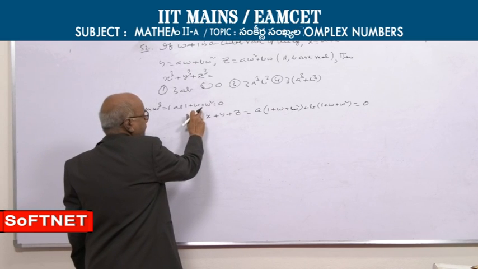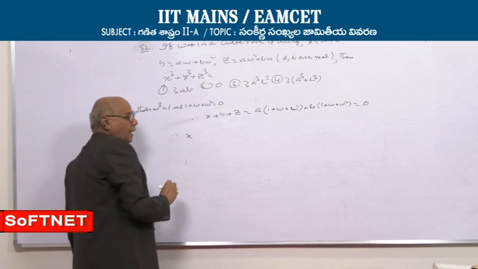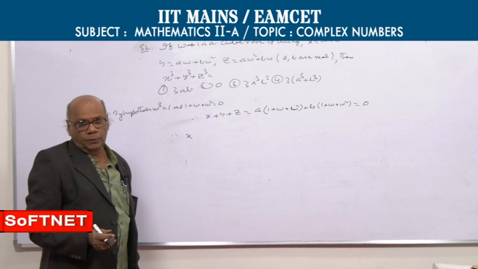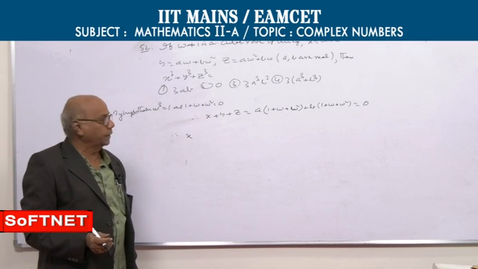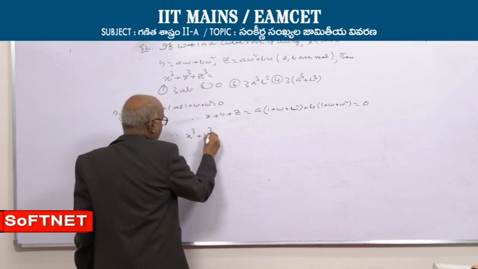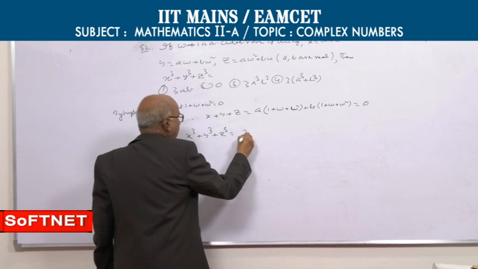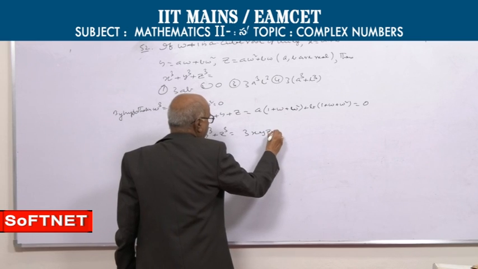And all of you know that if a plus b plus c is 0, then a cubed plus b cubed plus c cubed is equal to 3abc. Therefore, x cubed plus y cubed plus z cubed is equal to 3xyz.